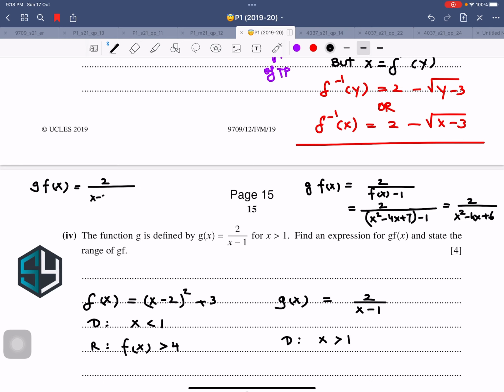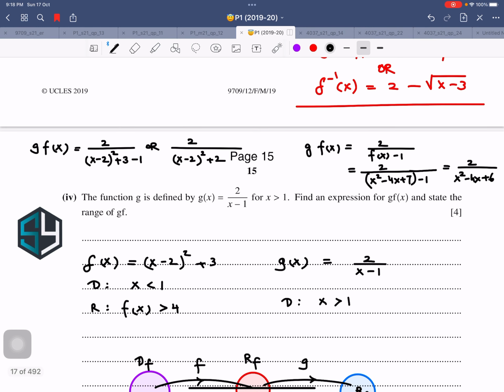So f(x) is (x minus 2) whole squared plus 3, minus 1, which is the same thing as 2 over (x minus 2) whole squared plus 2, which of course can be further simplified, which is x squared minus 4x plus 4, plus 2. So therefore this is the same thing, 2 over x squared minus 4x plus 6.